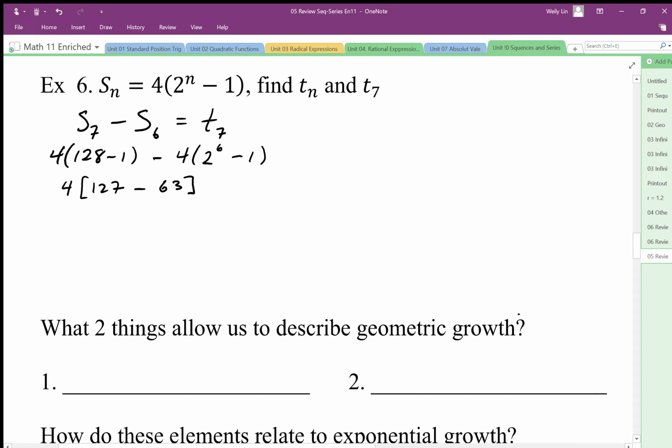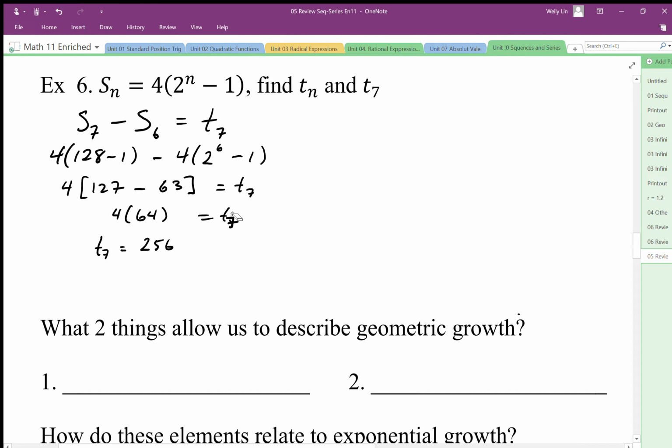Factor the 4 out, and that's equal to T7. So T7 in this case works out to be 64 times 4, so 4 times 64, and that becomes 256.